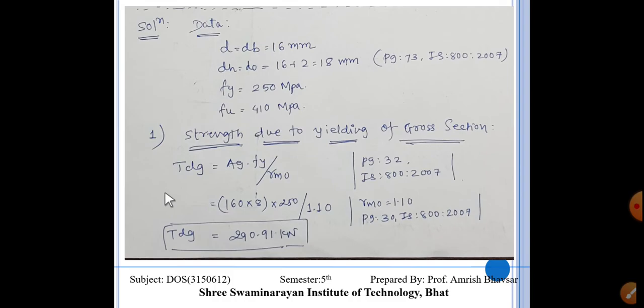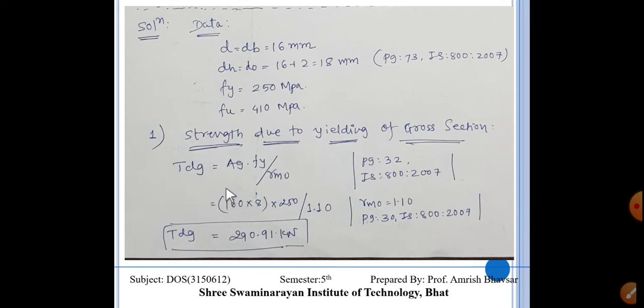This equation is frequently used by us in each and every case, and it is given on page number 32 of IS 800 2007. So here the gross area is 160 by 8 mm, the Fy is 250, and gamma m0 is 1.1, which is given on page number 30 in IS 800.